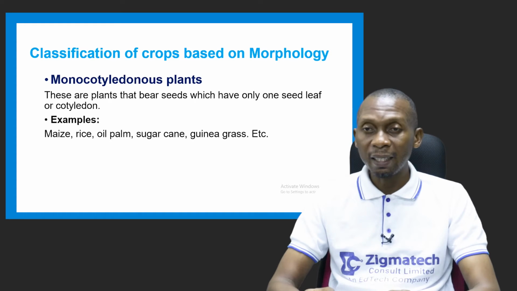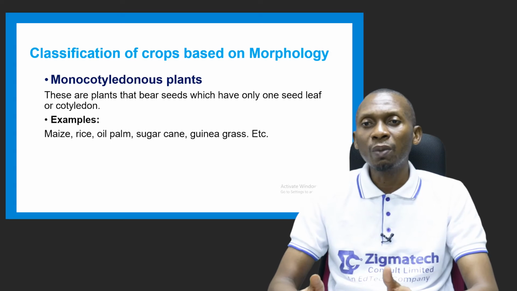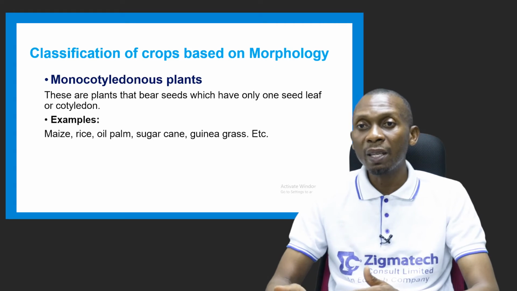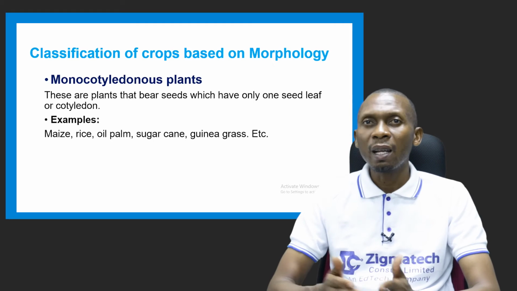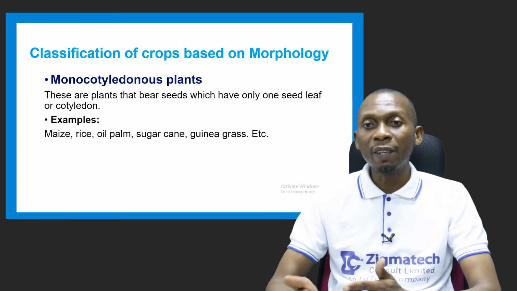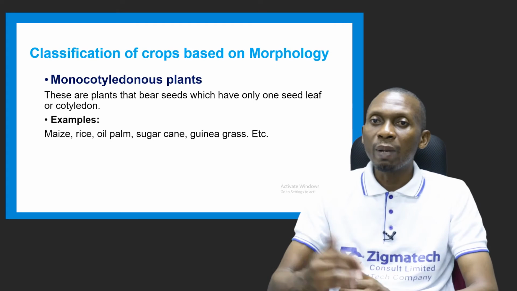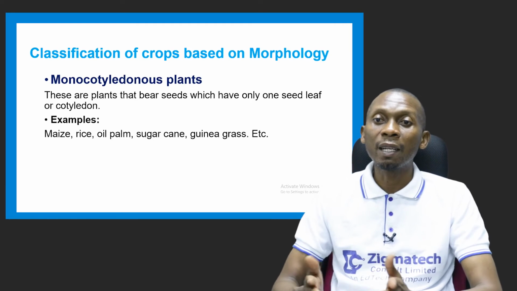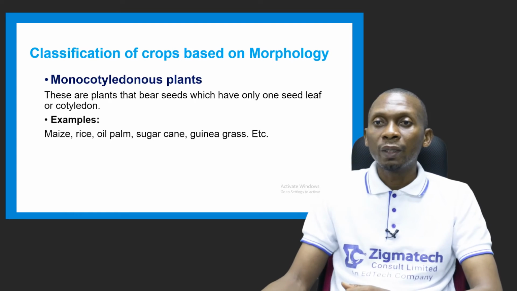When I use the word easily, with your fingers, you cannot easily divide it into two. But the beans, cowpea, soya bean, groundnuts, mango, they can easily be divided. So that is a guide. So back to our monocotyledonous plants, we have examples as maize, rice, oil palm, sugarcane, guinea grass, etc.